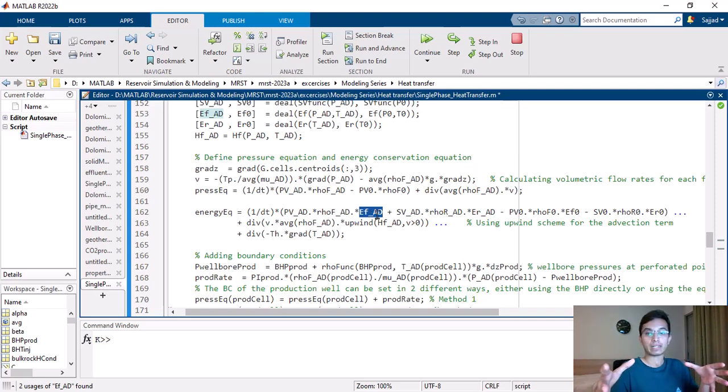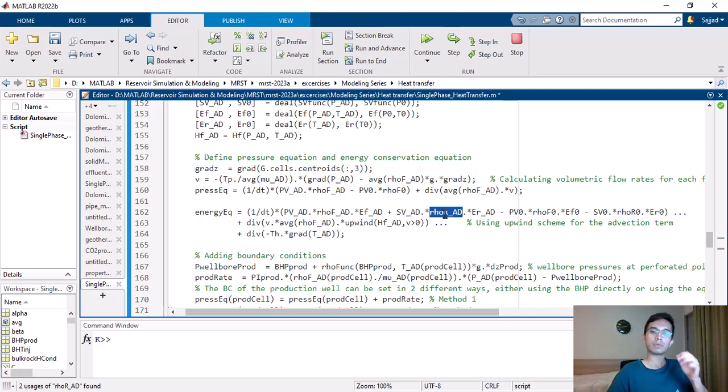But you know that we also have rock in addition to the fluid that we have in the porous medium. So we also need to calculate the heat and the energy in the grains of the rock as well. In order to do that, we calculated the volume of the grains of the rock before, and we multiply this volume by the density of the grains of the rock, which gives us the mass of the grains.